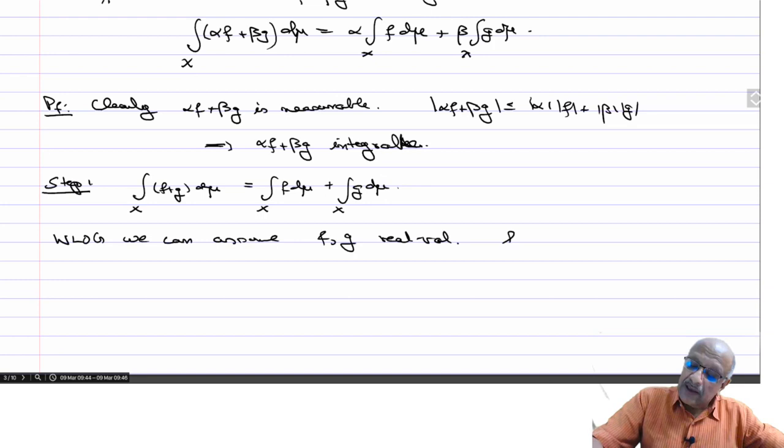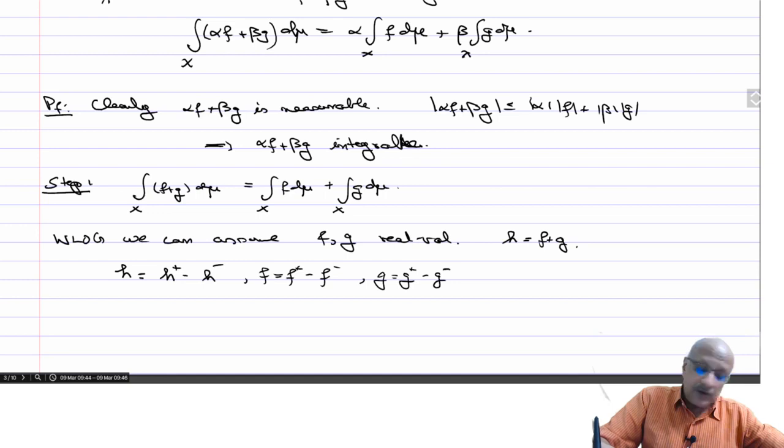So let us say h equals f plus g, and then we write h equals h plus minus h minus, f equals f plus minus f minus, and g equals g plus minus g minus.